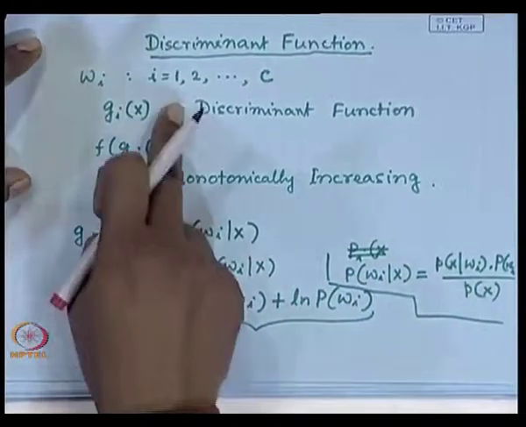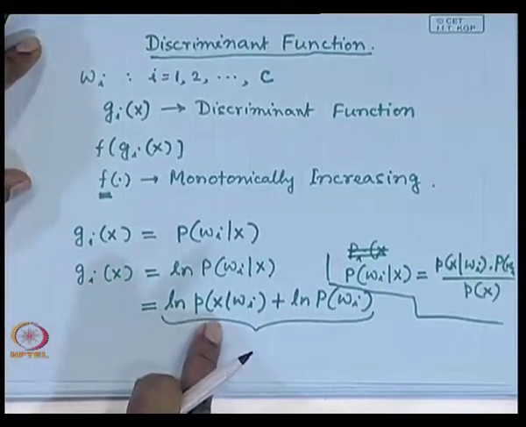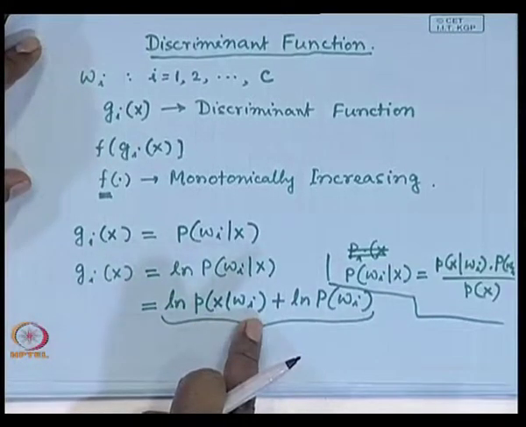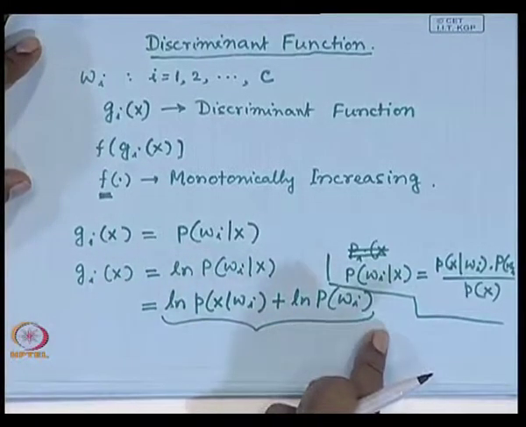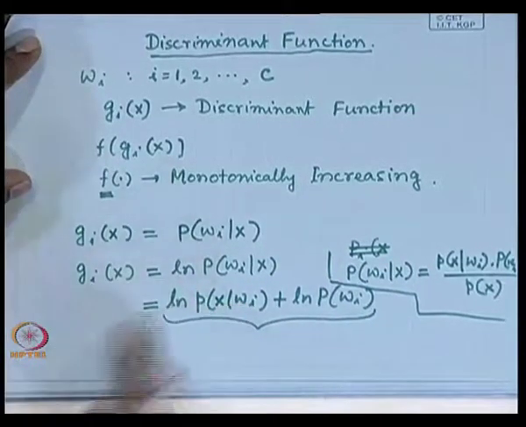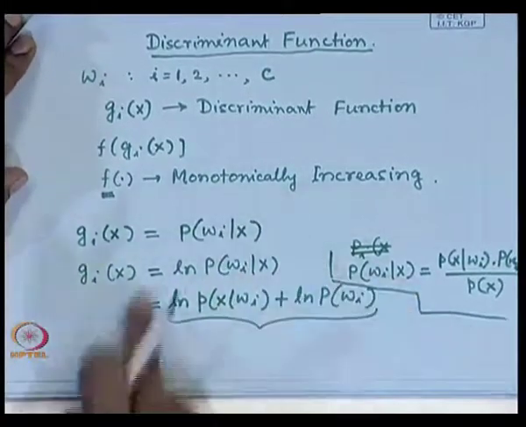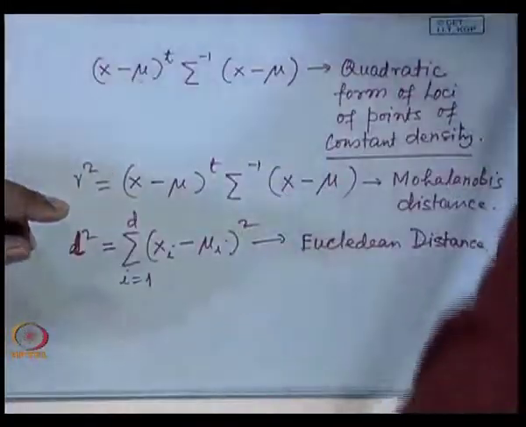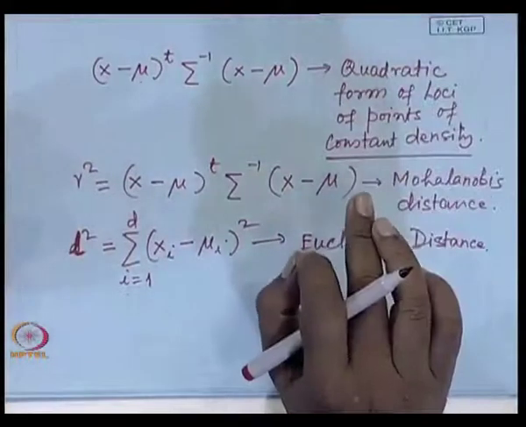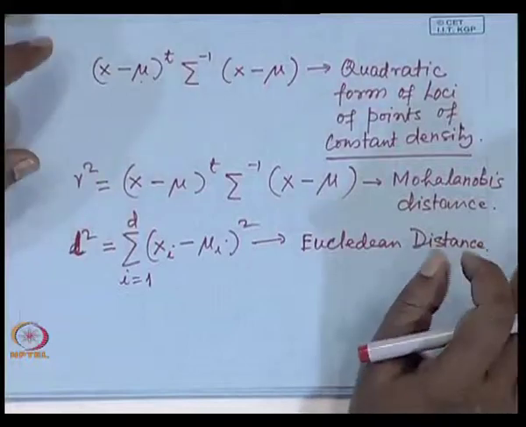Okay. We started with that, because our g_i(x) was ln p(x given omega_i) plus ln p(omega_i), the probability density and the conditional density function. Okay. So, our purpose is to find out g_i(x), which is the discriminant function.